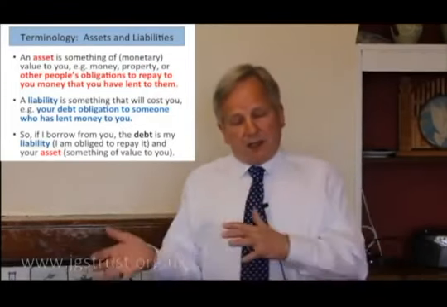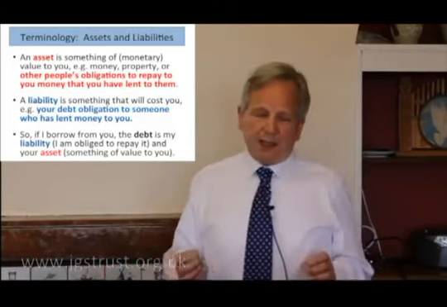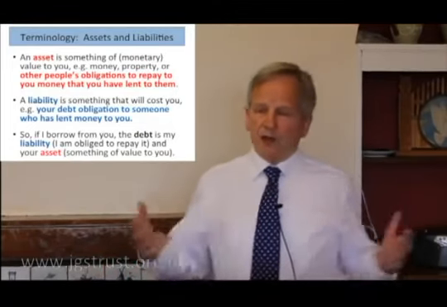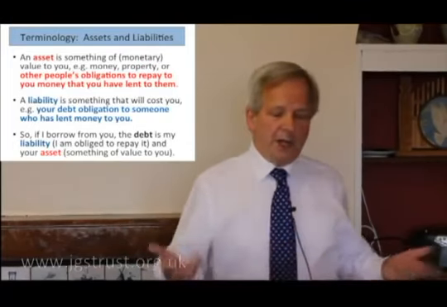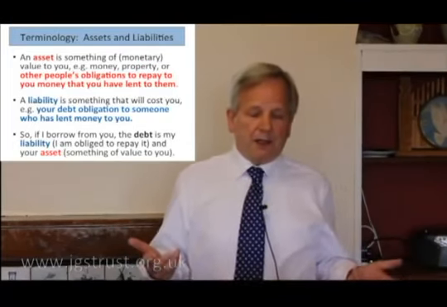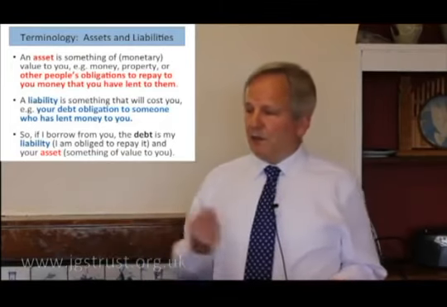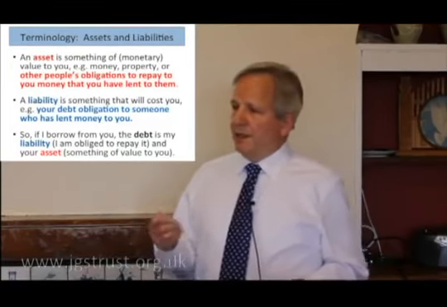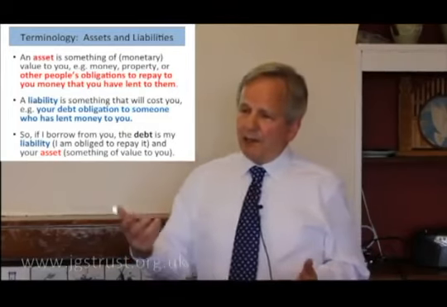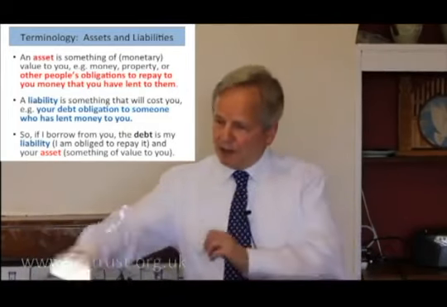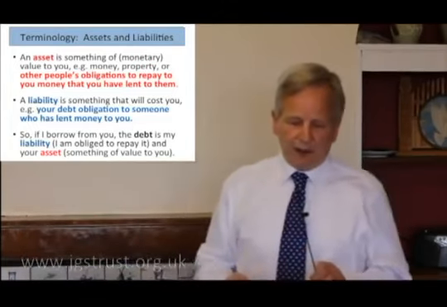Conversely, on the other side of that equation, there's liabilities, and that's something which is going to cost you. You have an obligation to somebody else to pay them money back at some time. So if I borrow money from you, then there's a dual aspect to that debt. It's my liability because I owe you, and it's your asset because you have a claim on me in the future.